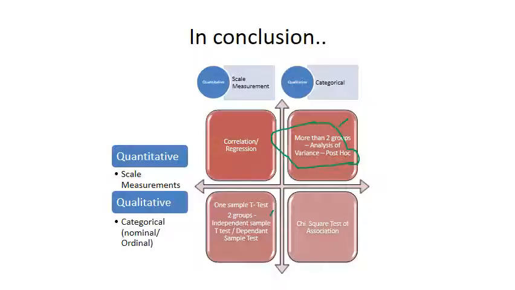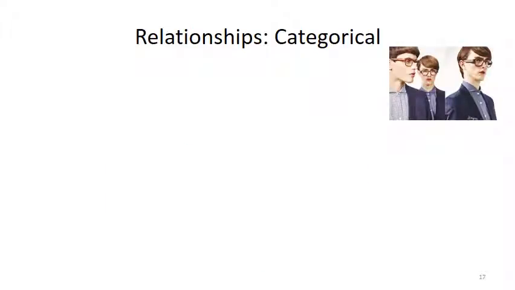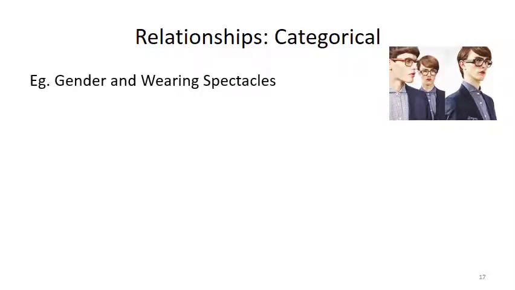Now I'm going to look at this quadrant here. Let me just change my pen to purple. This is where we are looking at categorical variables and categorical variables using the chi-square test of association. So we're looking at relationships, and for example, we want to look at a categorical variable called gender and wearing spectacles.